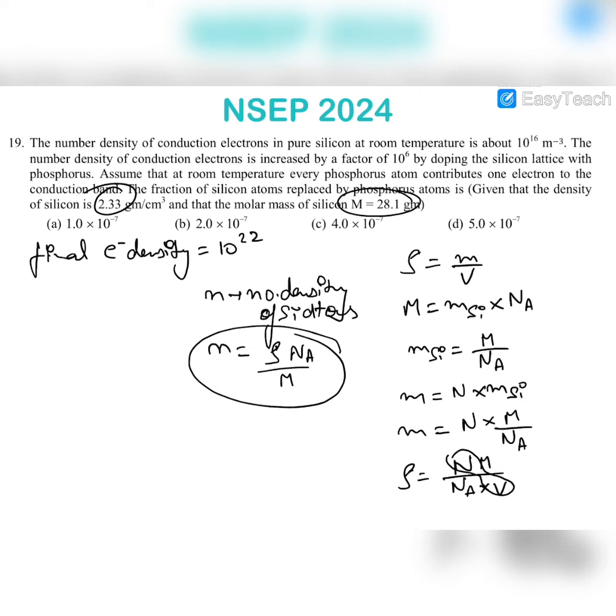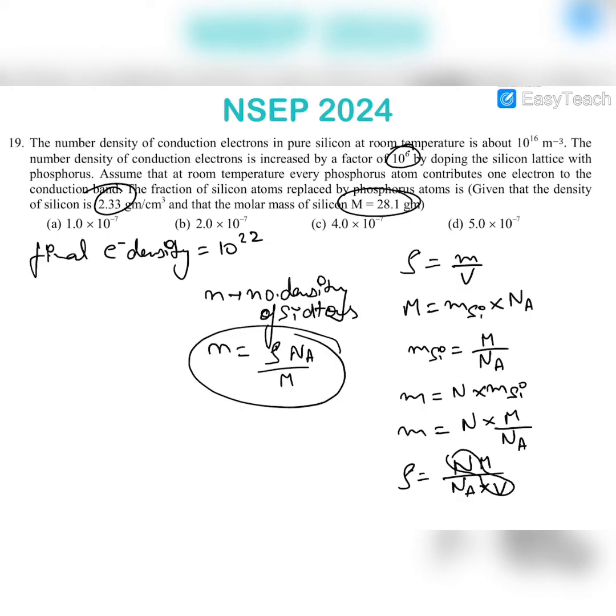And we can see that each phosphorus atom replaces one silicon atom, and by doping the phosphorus, the number of electrons has increased by this much amount in the crystal.